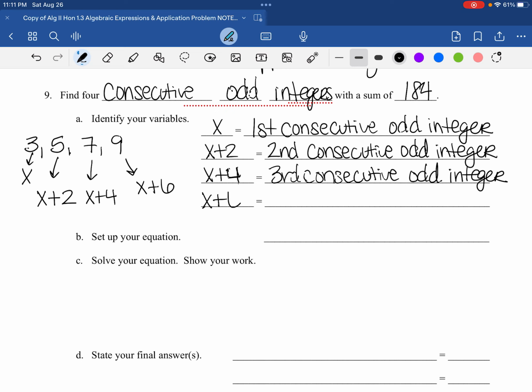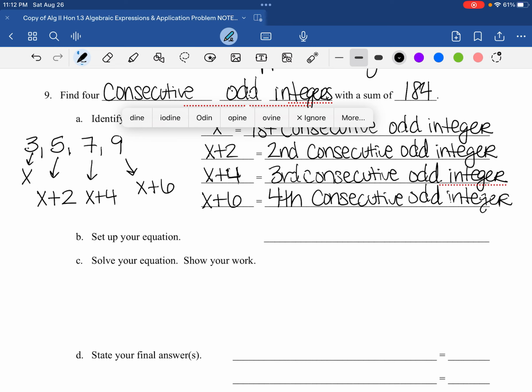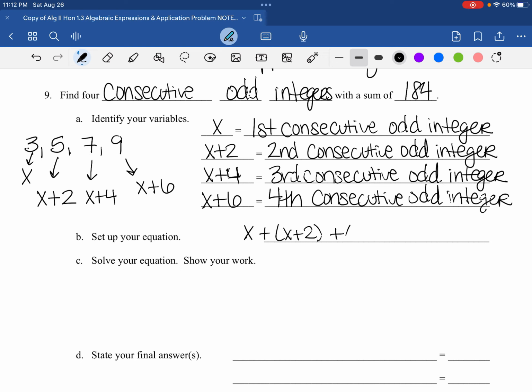And x plus 6 will be my fourth consecutive odd integer. Now, how do we put it all together? Well, we're going to add each part separately. And it all equals 184.